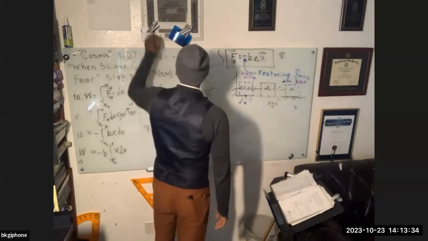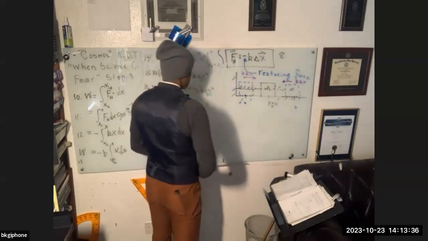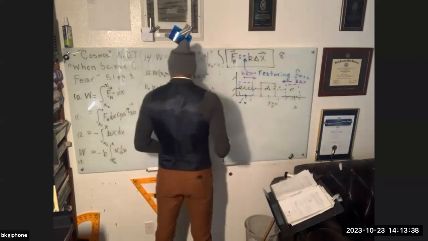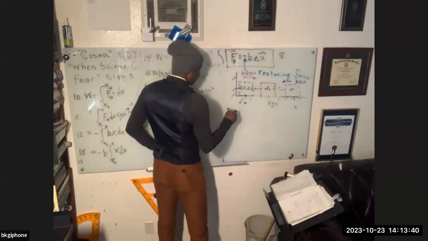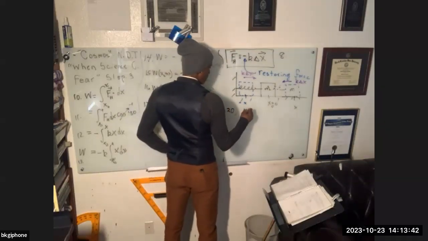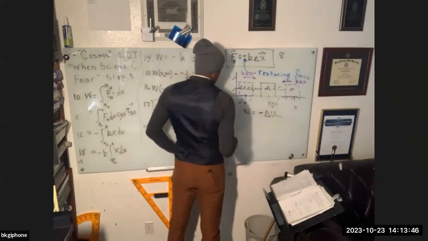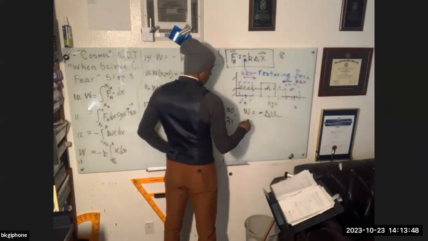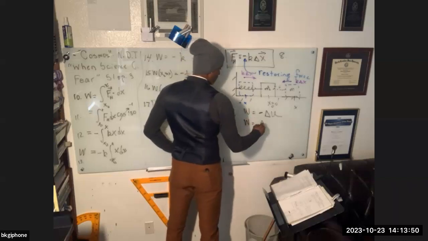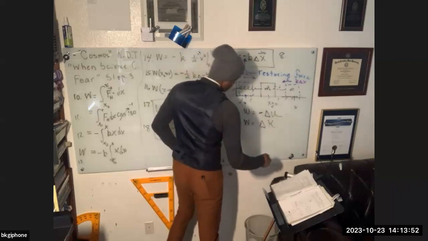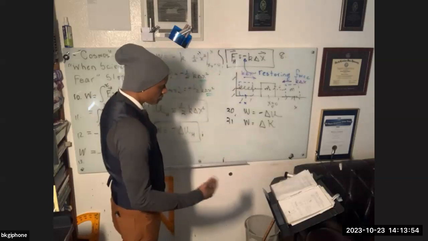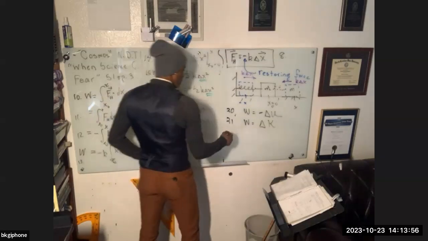So again, I'll write down those two equations that I erased. The general definition of potential energy is that work is equal to the negative of the change in potential energy. And the work-energy theorem is that work is equal to the change in kinetic energy. Well, it's simple. If two things are equal to a third, they must be equal to one another. So equate these two things.